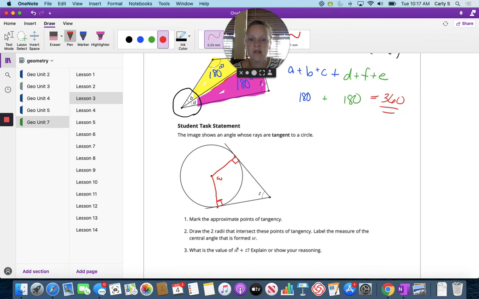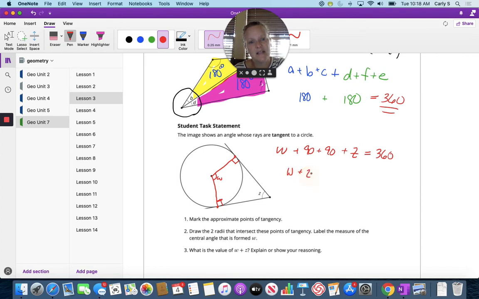What is the value of W plus Z? Okay, so that's angle W plus angle Z. Well, we know these are 90, so I can say that W plus 90 plus 90 plus Z, because that's a quadrilateral, that's 360. So what is just W plus Z? Well, let's solve for it.